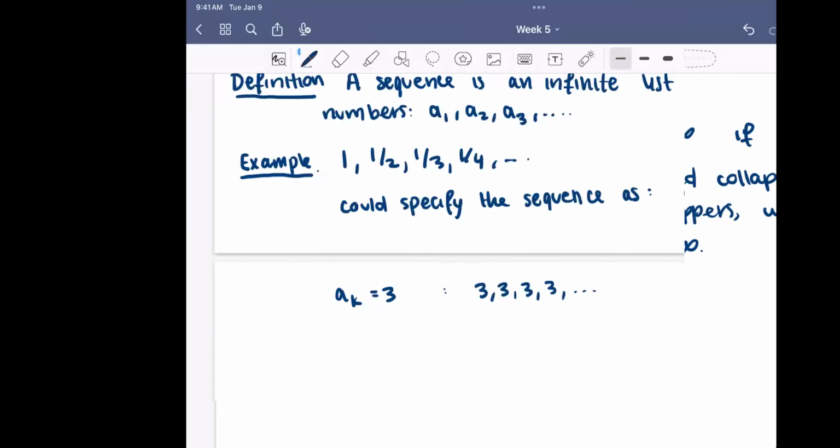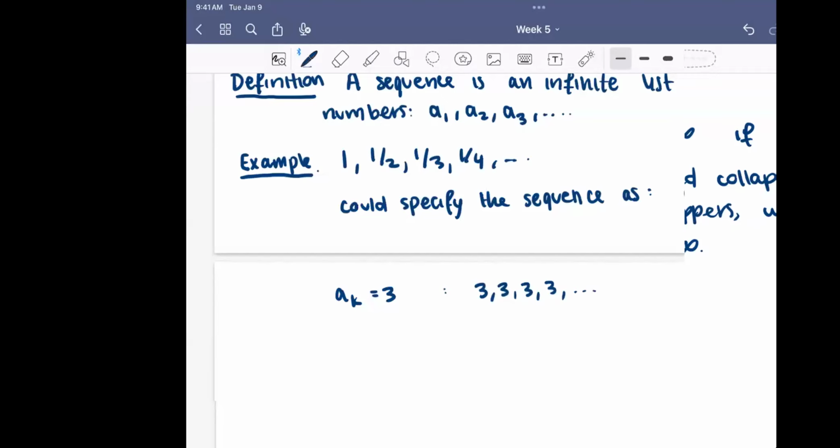In this list, as I go on forever, all I'm ever going to see is threes. So you might want to say the limit as k approaches infinity of A sub k is equal to 3. Similarly, for this one, as I look at terms further and further out in the list, I'm getting things that are closer and closer to 0. So there you might want to say that the limit as k goes to infinity of the sequence is 0. Does that make sense intuitively?